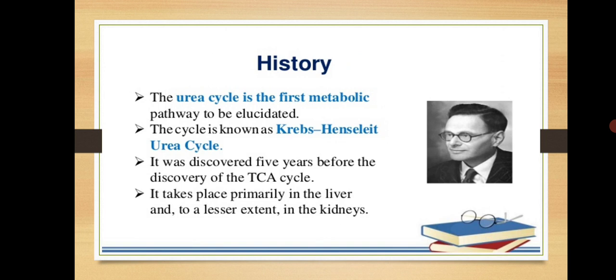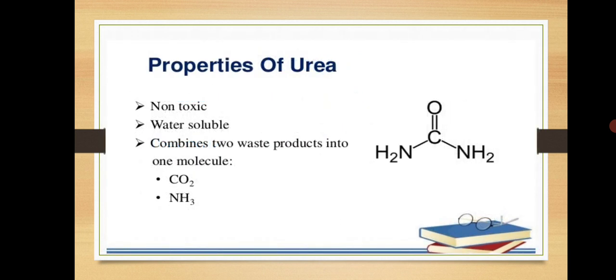It was discovered 5 years before the discovery of the TCA cycle, and it takes place primarily in the liver and, to a much lesser amount, in the kidney. But mostly it takes place in the liver.